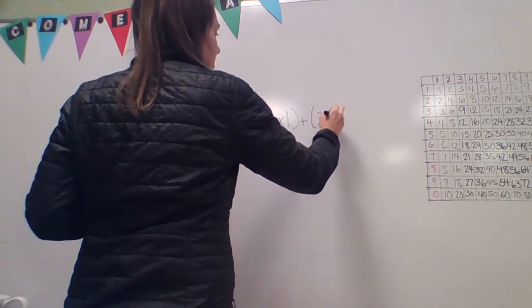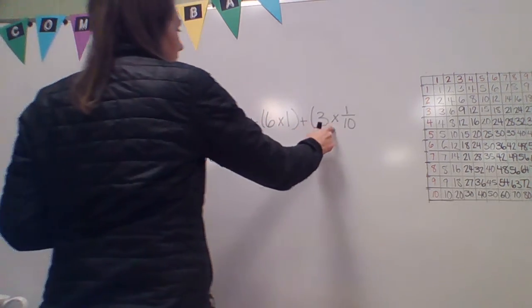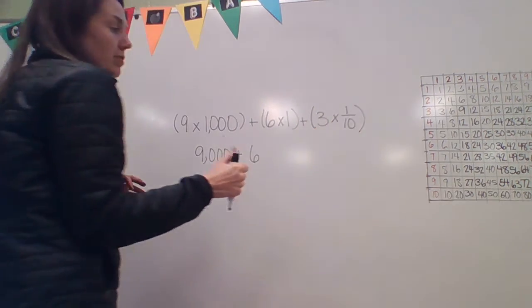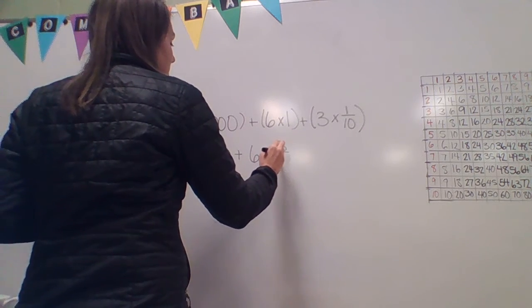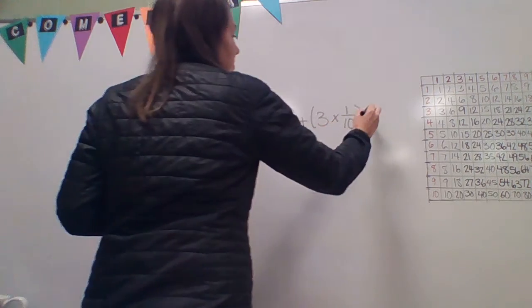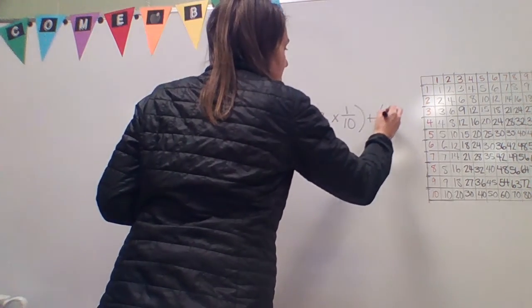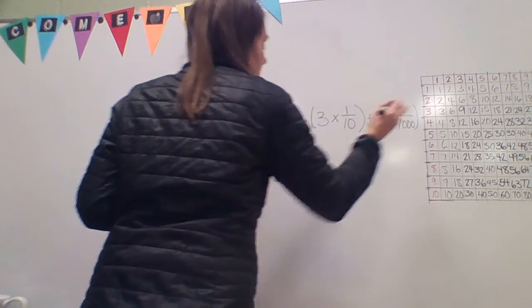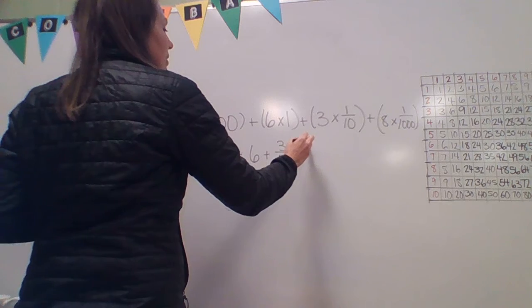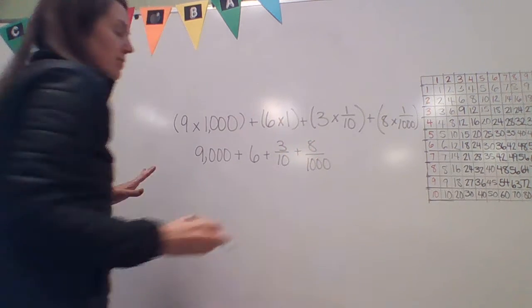times 1/10. Now I'm putting them in parentheses just to remind myself that I'm going to multiply first. So 3 times 1/10. So that's like saying I have 3/10, right? Plus 8 times 1/1,000, or 8 thousandths, right?